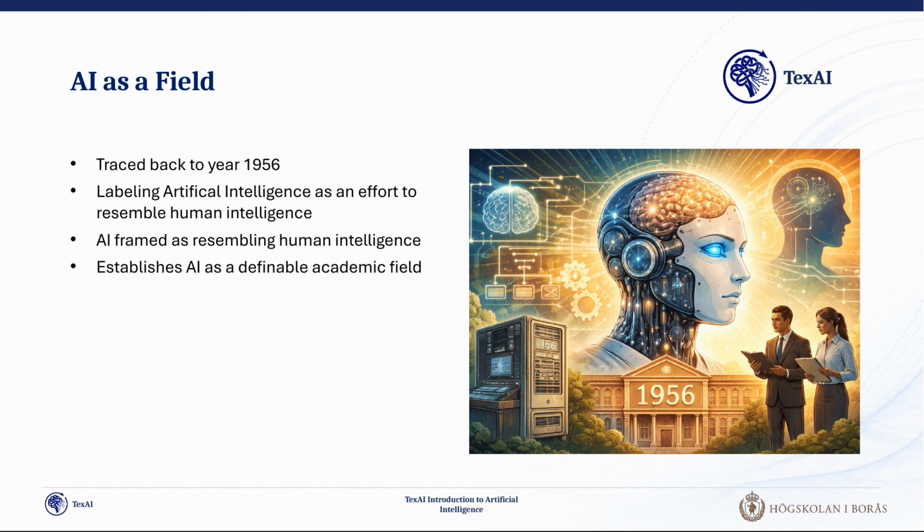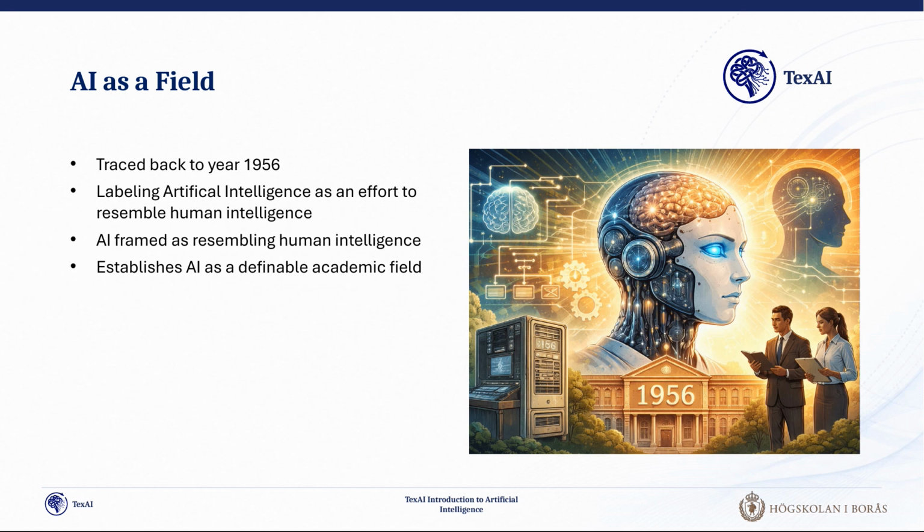AI is broadly defined as the simulation of human intelligence processes by machines, especially computer systems. It aims to enable machines to think, learn from experience, and adapt to new information much like humans do.